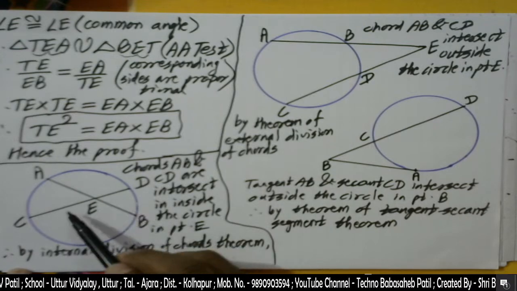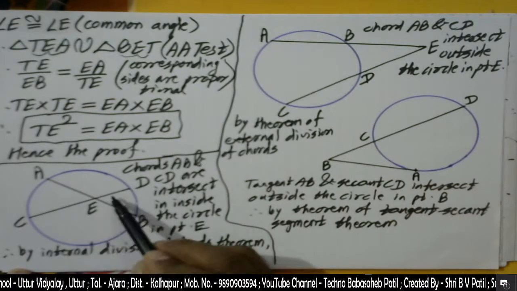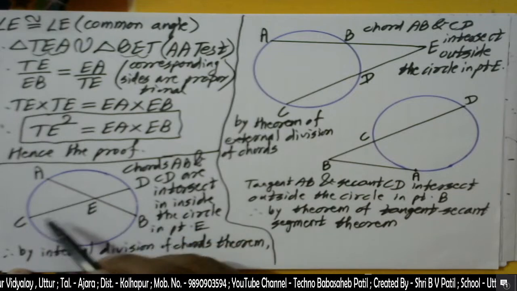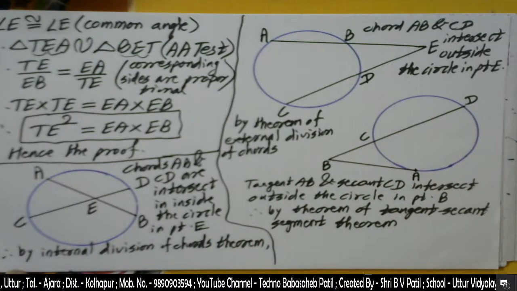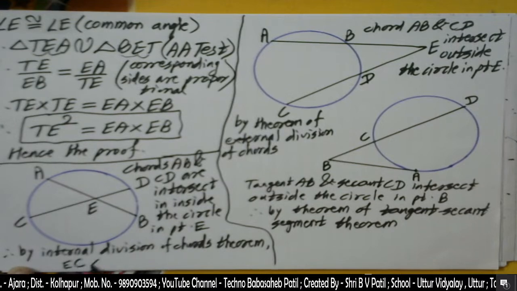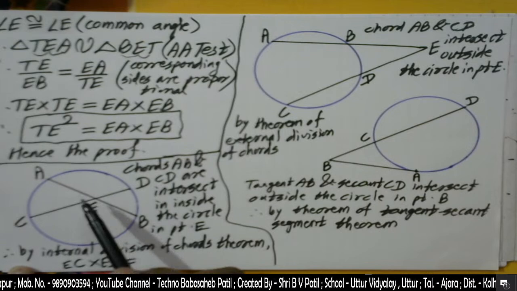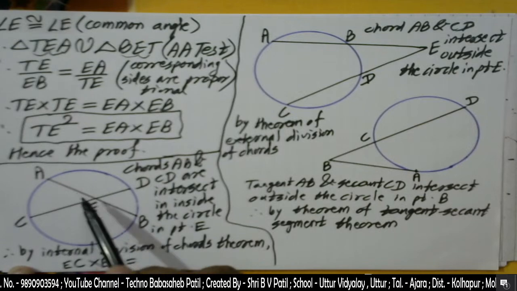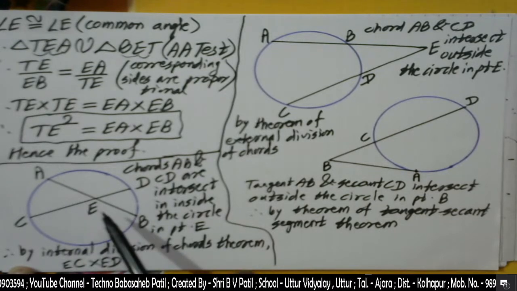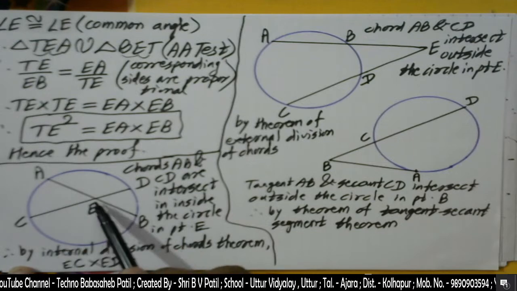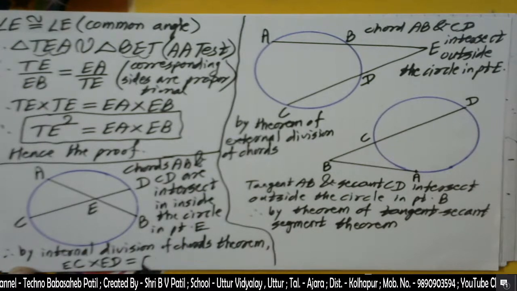Multiplication of the two parts of the first chord, that is EC into ED, is equal to multiplication of the other two parts of the second chord, that is EA into EB.